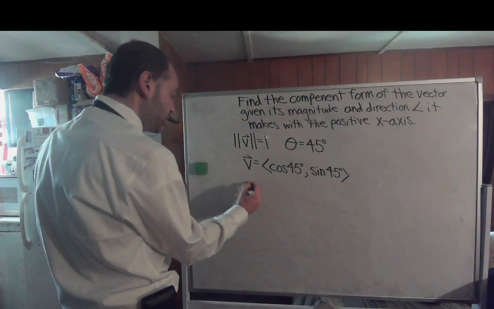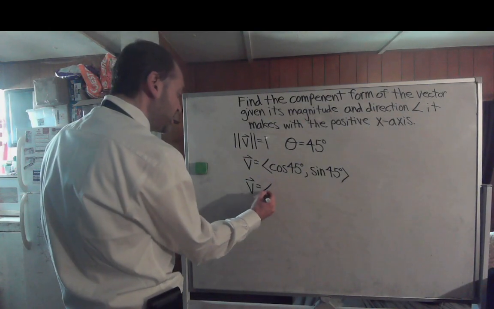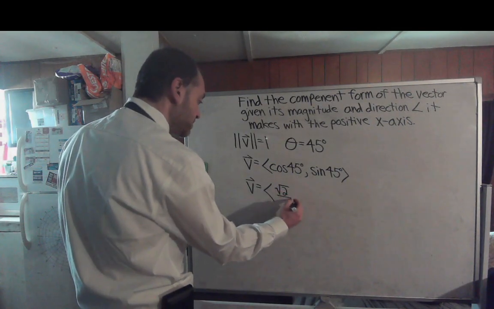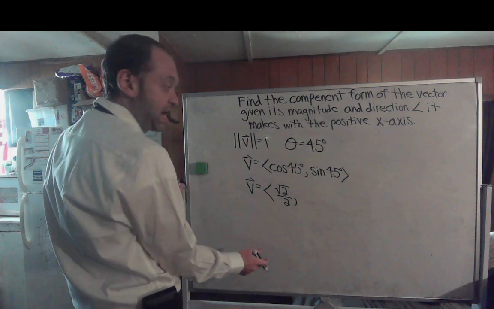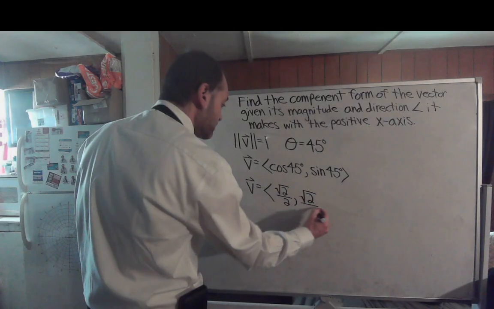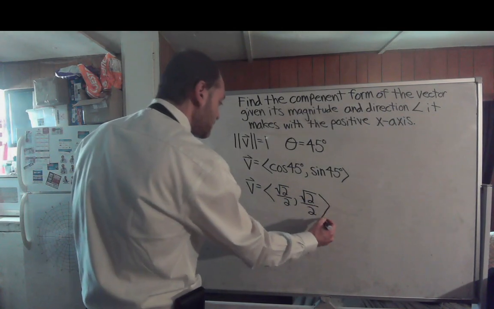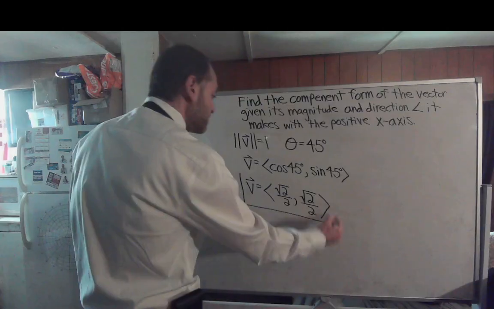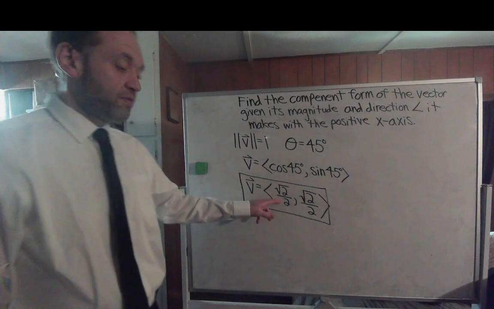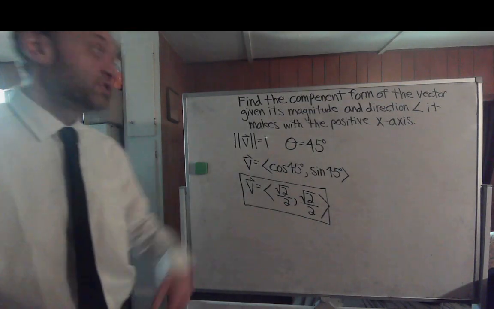Well, cosine of 45 is the square root of 2 over 2. And it actually happens that the sine of 45 is also the square root of 2 over 2. So that's going to be your vector in component form. Vector v would be square root of 2 over 2, square root of 2 over 2.